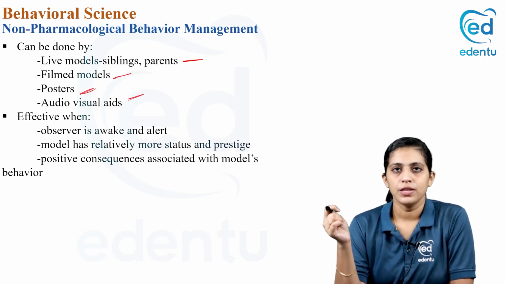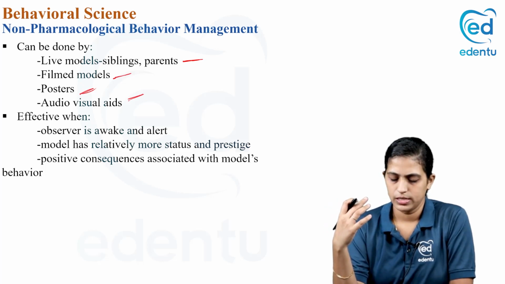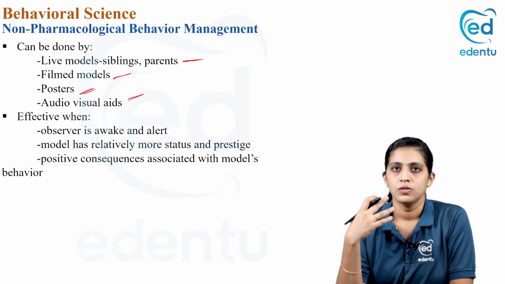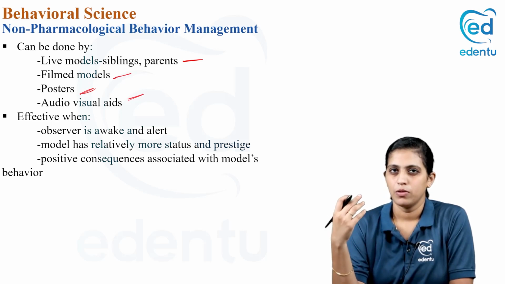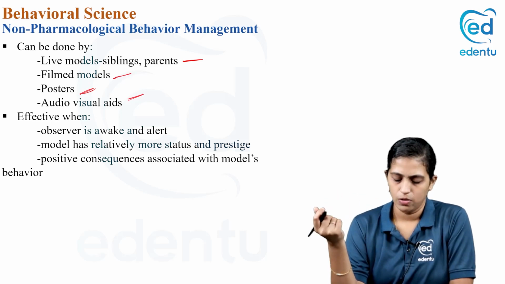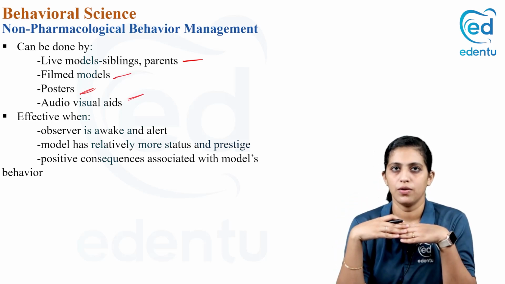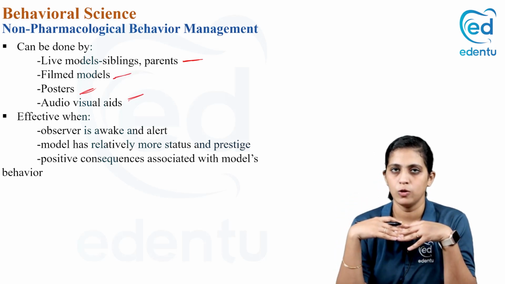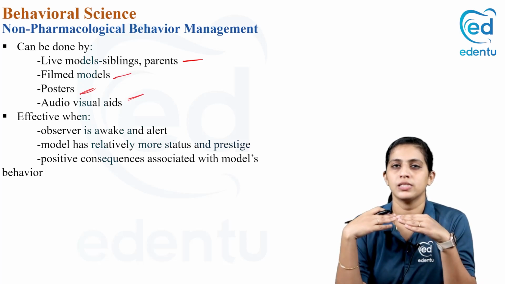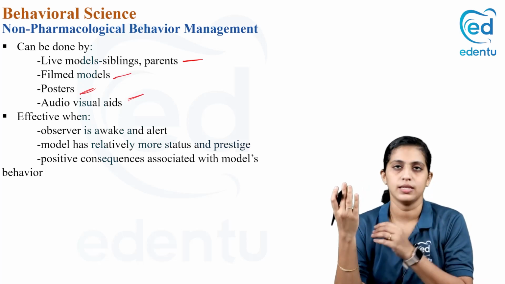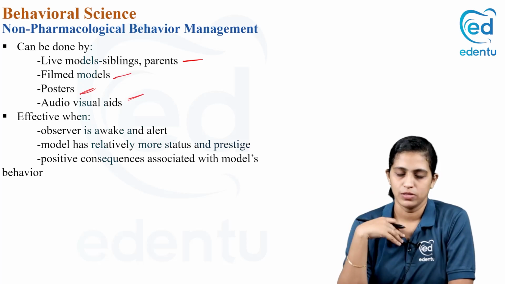It is effective when the observer is awake and alert. So it's usually more effective for children of about 3 years and above. The child should be awake and alert, and also the model should be appropriate to the child who is observing. The model should be considered to be of higher position, status and prestige than the child himself.